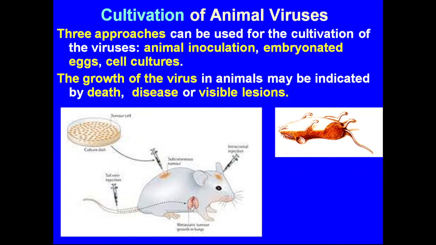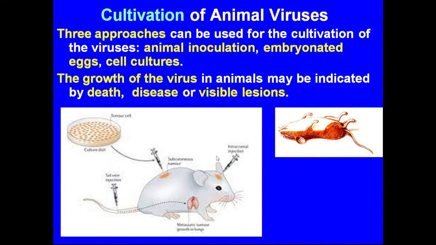You can see here, right? Subcutaneous, intraperitoneal, inoculation into the bloodstream, and intramuscular, or other ways. But how may we indicate whether the virus is multiplying in the animal or not?